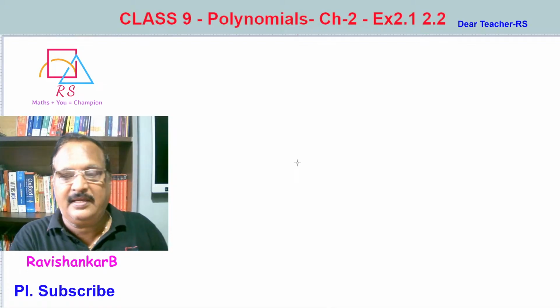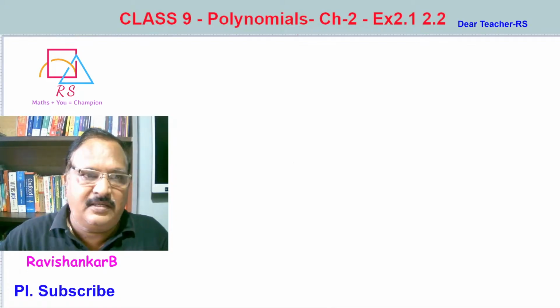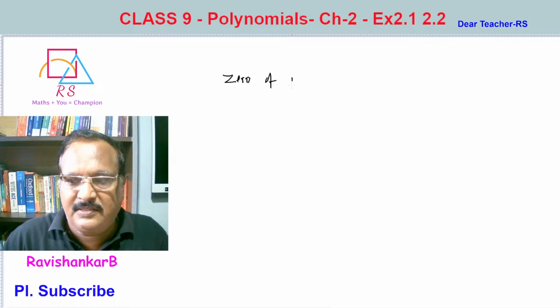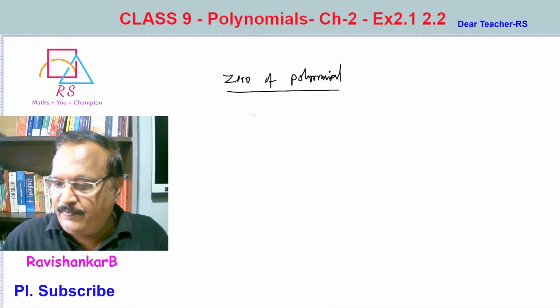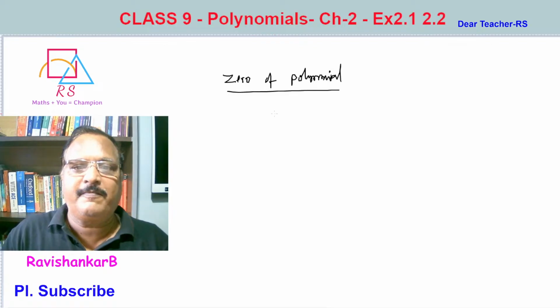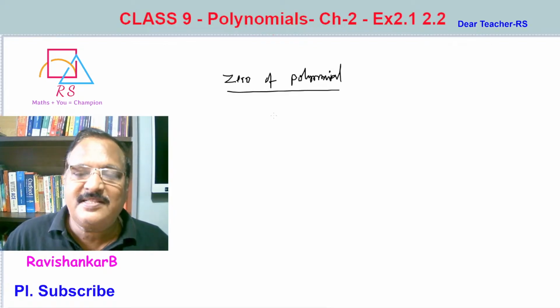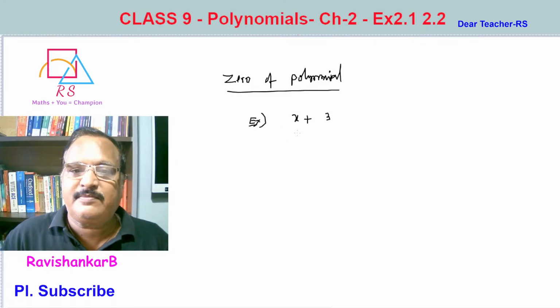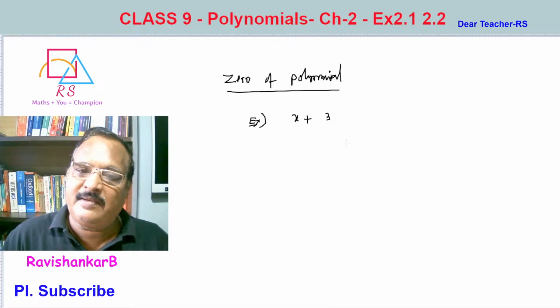So before I go to 2.2, you should understand what the 0 of a polynomial is. The 0 of a polynomial is the value of the variable at which the polynomial becomes 0. For example, x plus 3. Example 1. This is a polynomial.